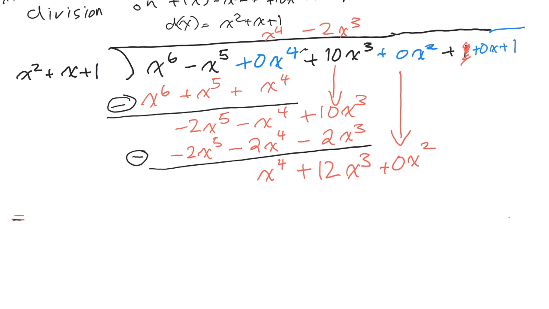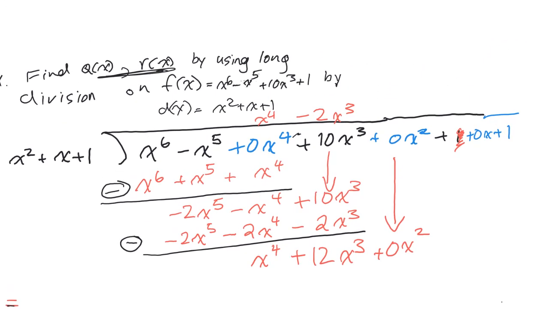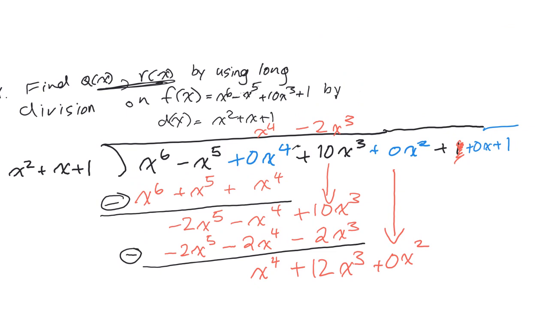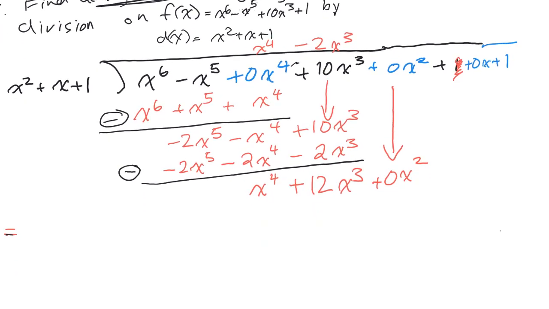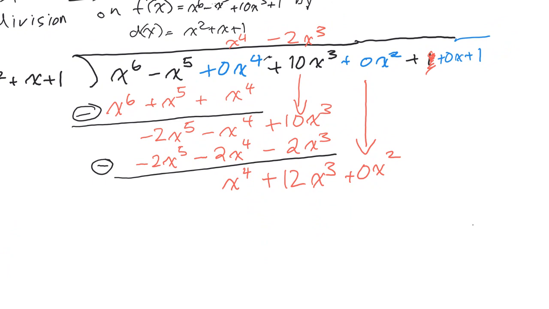Because when we did this problem, you'll notice that in our original function, we were missing an x squared and an x term in our polynomial. So remember, any of the placeholders that are missing, you need to make sure that you put them in. That was the main reason I left that out, so that we would remind ourselves to put that in.